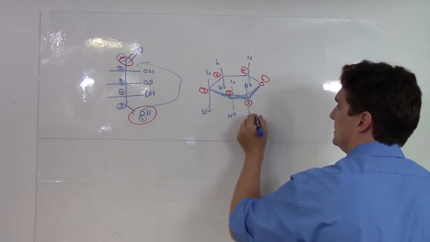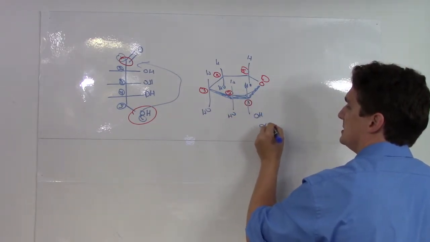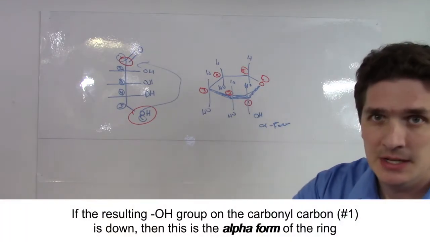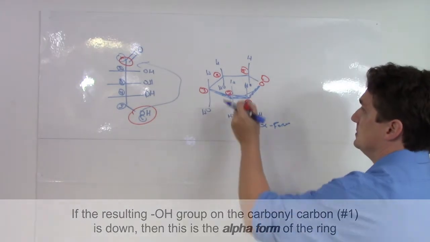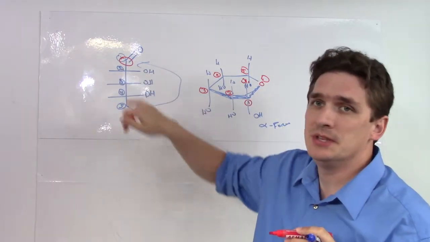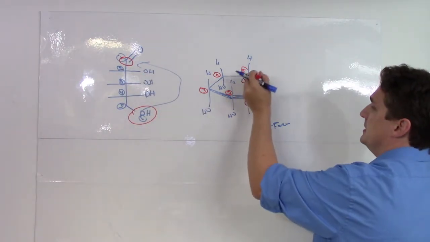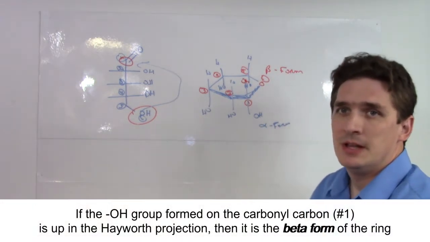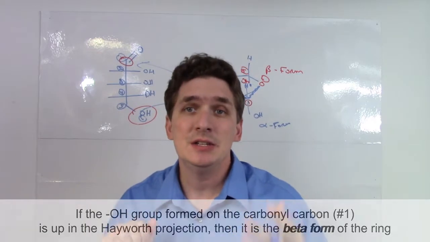If the OH group is down, this is the alpha form of the pyranose. If the alcohol that we generate by reaction of our terminal alcohol with this aldehyde goes up, this is going to be the beta form. And this is going to be true for the ketoses as well.